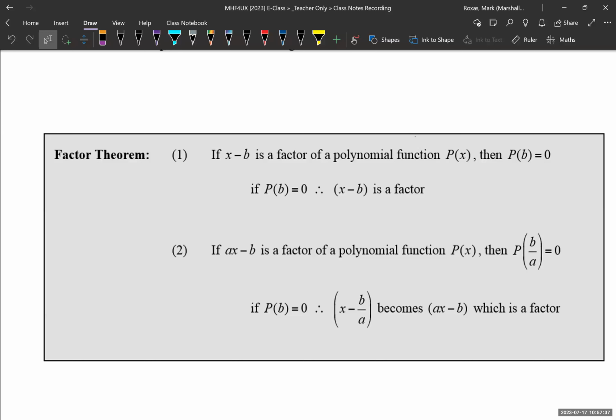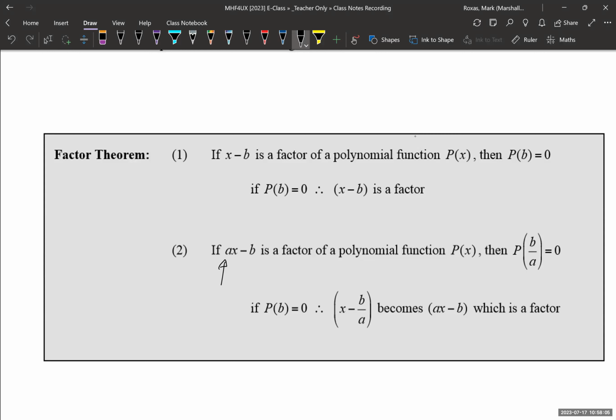But if your remainder is 0, then you know x minus b is a factor. Okay. Similarly, if you now have a coefficient in front of x, if ax minus b is a factor of the polynomial function, then p of b over a equals 0. Or if p of b over a equals 0, therefore x minus b over a becomes ax minus b, which is a factor.